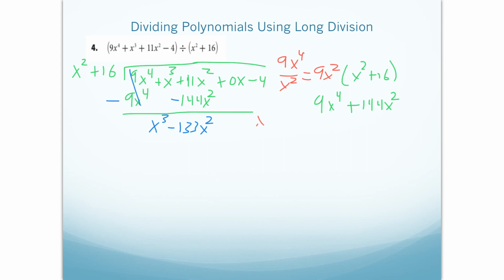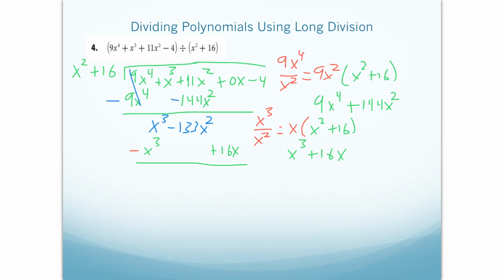x to the third divided by x squared. That's going to be x multiplied by the original factor, x squared plus 16. x to the third plus 16x.